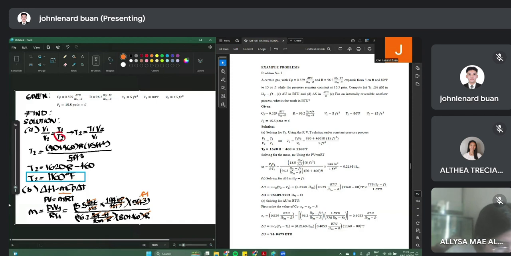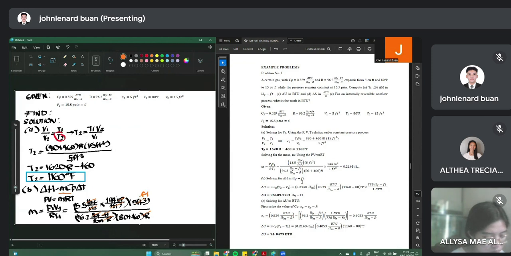Therefore, the value of mass is 15.5 times 144 times 5 times 5 over 96.2 times 80 plus 460. That will give us 0.2148.